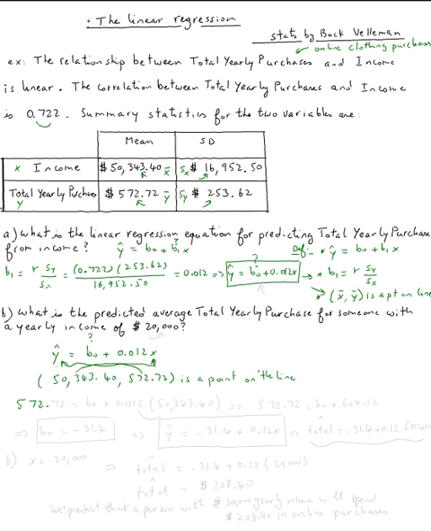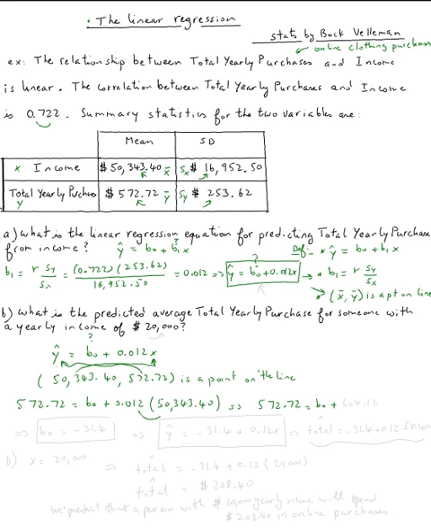So 572.72 is equal to b0 plus 0.012 times 50,343.40.